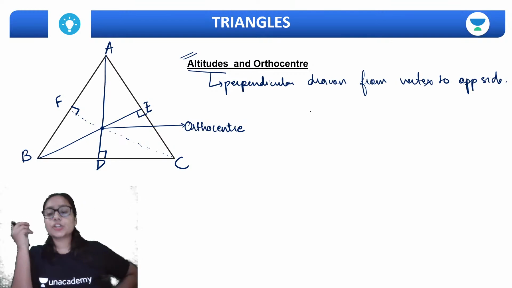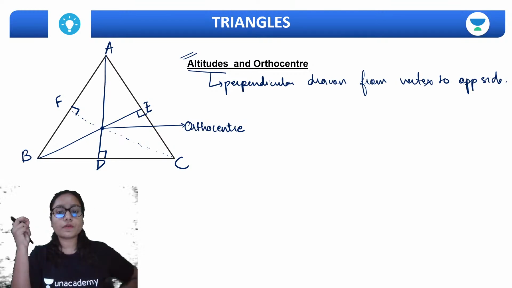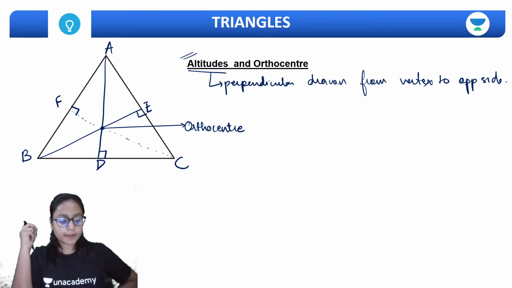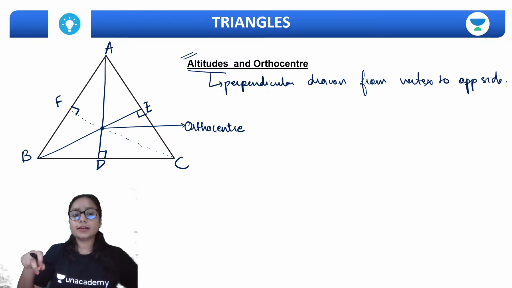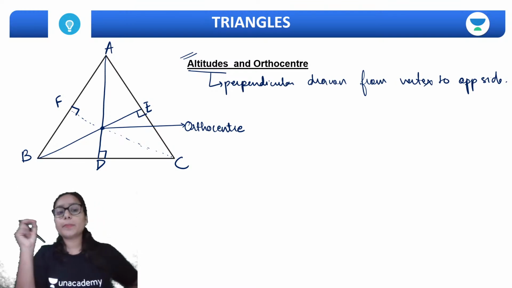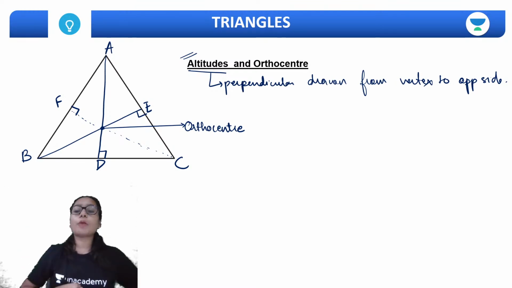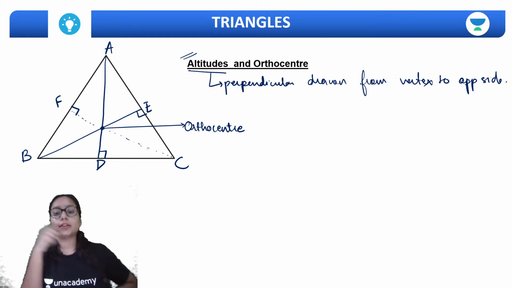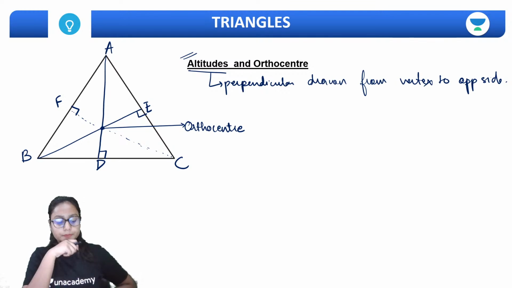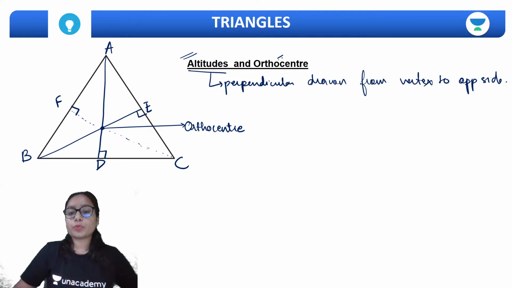Now, please tell me, suppose I have any right angle triangle. In a right angle triangle, what is the position of orthocenter? Take a paper, take your pen, draw a right angle triangle, and try to draw the perpendiculars from vertex to the opposite side, and tell me what will be the position of orthocenter. Yes, find their intersection point.